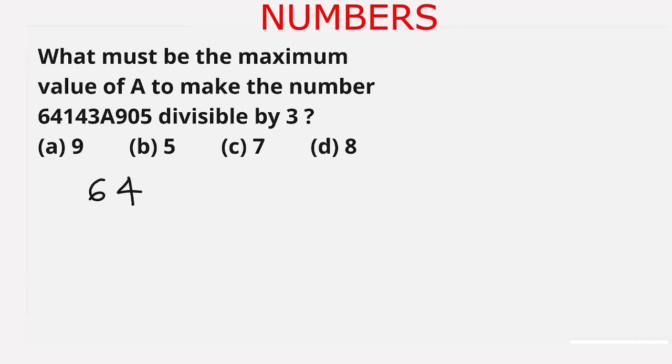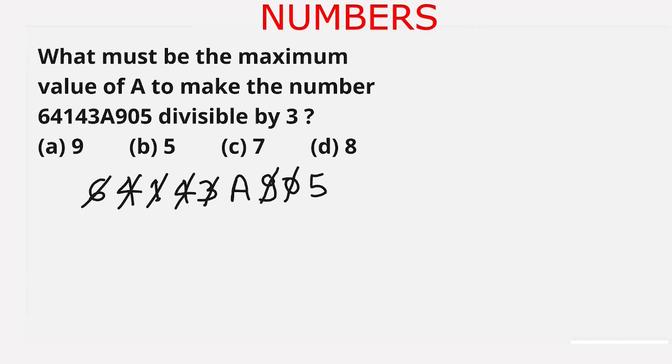The number is 64143A905. Now we will cancel all those digits which are divisible by 3. So 6 is divisible by 3 and 3 is divisible by 3 and 4 plus 1 plus 4 is 9, which is divisible by 3. 0 is divisible by 3 and 9 is divisible by 3.